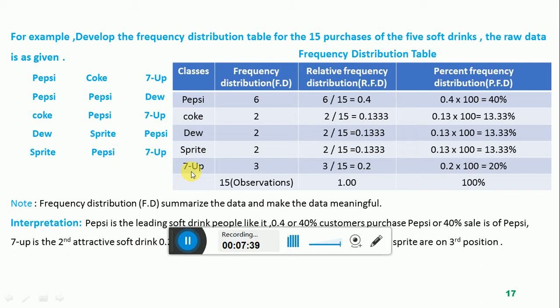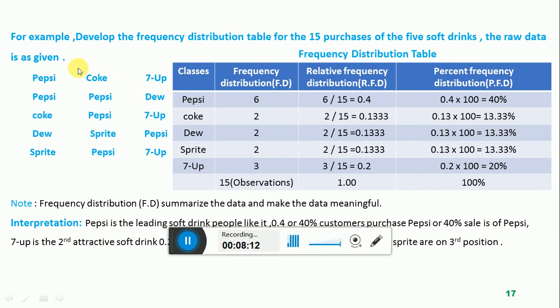As we defined in frequency distribution, we divide the entire data into classes, into groups. So these are the 5 groups. Now the frequency of each class: as we defined, we count the number of times of each class or data item in the entire data set.